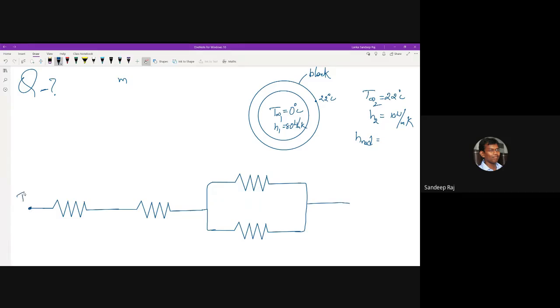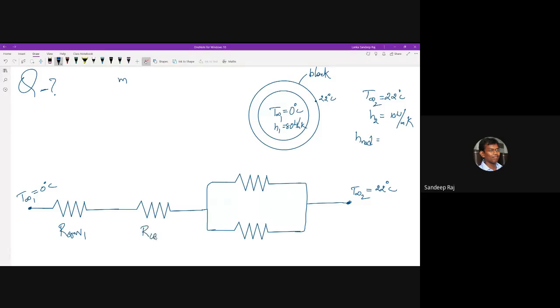Now here we have T infinity 1, which is 0 degrees centigrade. Here we have T infinity 2, which is 22 degrees centigrade. And this is R convection 1.